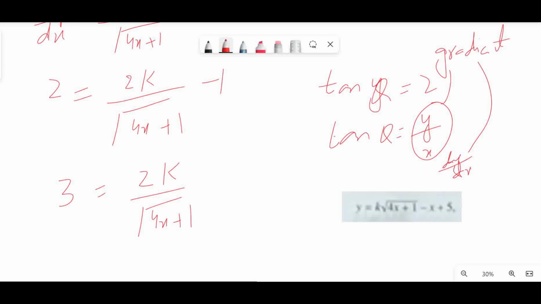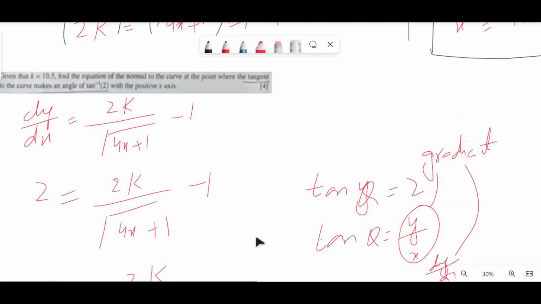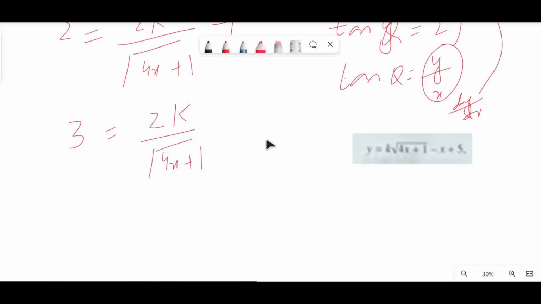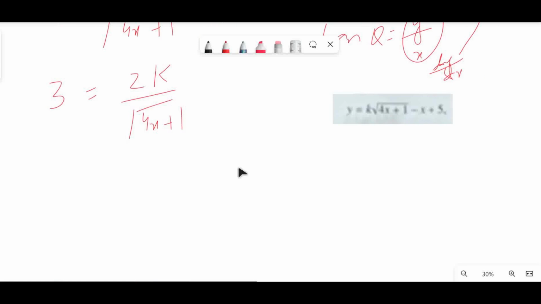Now in the main question, what was the value of k? The value of k was 10.5. So just put the value of k here. So 3 into square root of 4x plus 1 is equal to 2 into 10.5. Now 2 into 10.5 will be equal to 21.